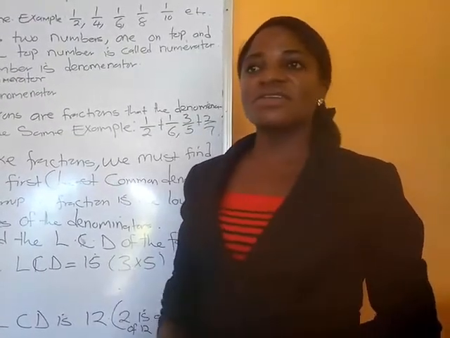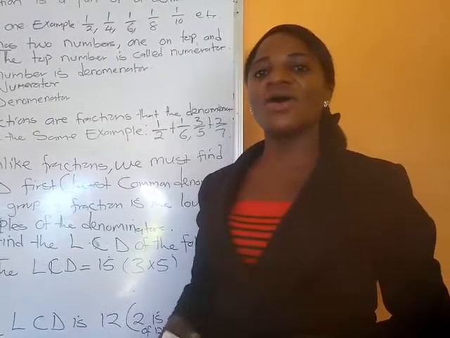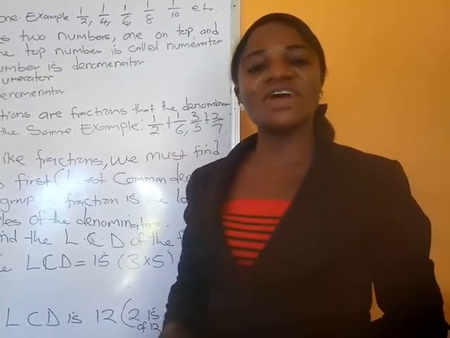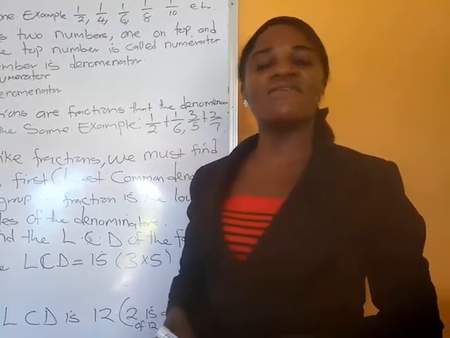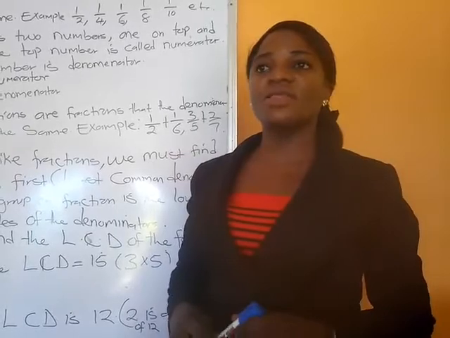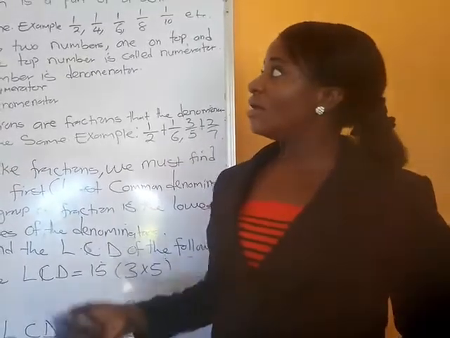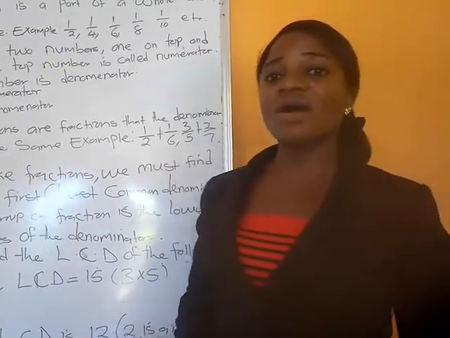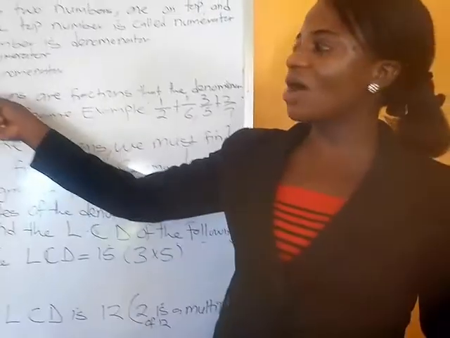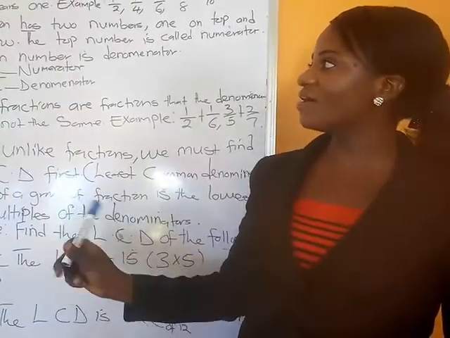A fraction is a part of a whole. A whole means one. A fraction has two numbers. One on top and one below. The top number is called the numerator. The down number is called the denominator.